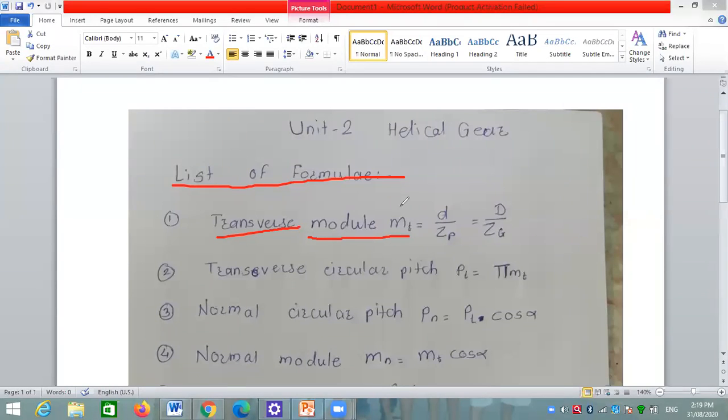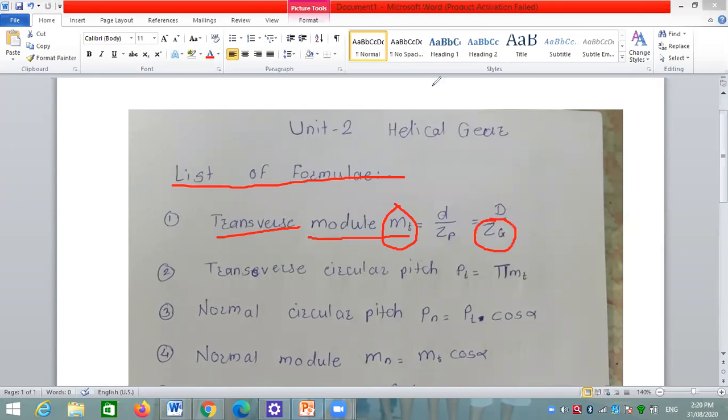Transverse module is represented by Mt, M for module, T for transverse, and is equal to d upon ZP, or capital D upon ZG, where small d is the diameter of the pinion of the helical gear and capital D is the diameter of the gear, and ZP is the number of teeth on the pinion and ZG the number of teeth on the gear.